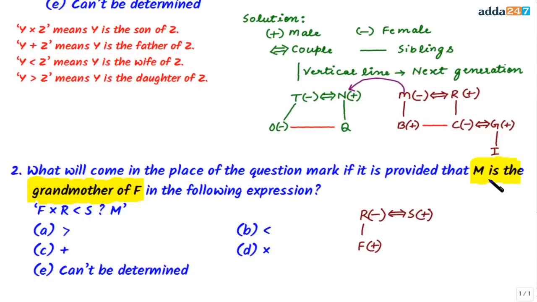It is provided here that M is the grandmother of F. So if M is the grandmother of F, that means M is the mother of S. So here we can write mother. In the given information, we do not have any symbol for mother. So we can say that for S and M, the relation can't be determined. The correct option is E.